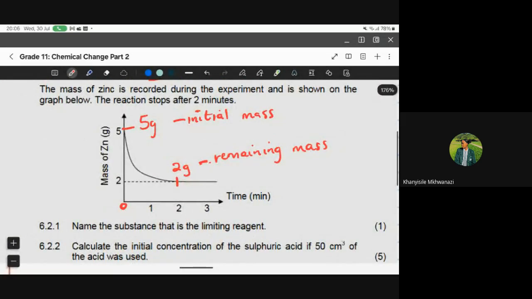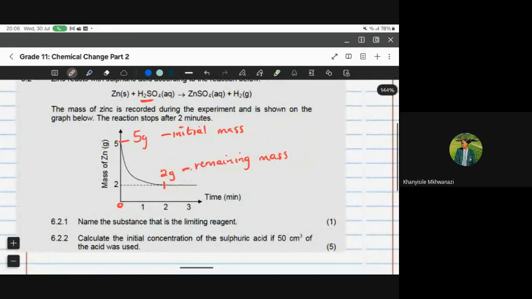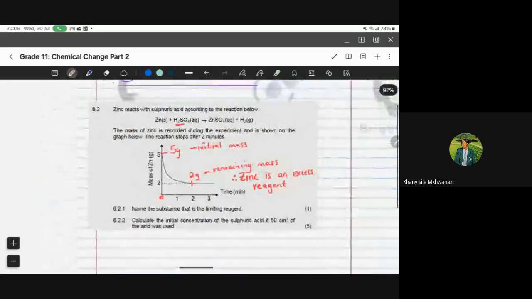Why is zinc's mass not used up completely? Because zinc is an excess. Excess means more than you need. Well, in actual English terms, in physics, it almost means the same thing. Excess reagent in this case.